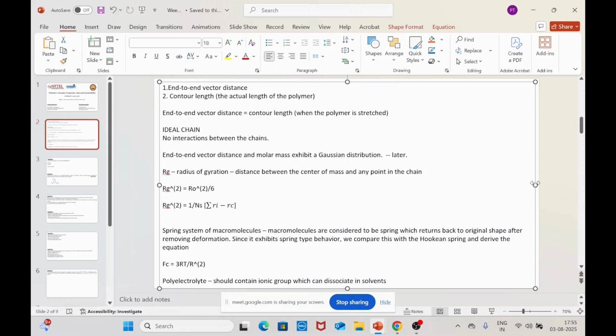Not necessarily all polymers contain charge or ionic groups, but they are still used as electrolytes. They do not classify as polyelectrolytes, but they can be used as electrolytes. Polyelectrolytes typically have applications in desalination, where you require anionic or cationic polymers for the separation of salts from water.